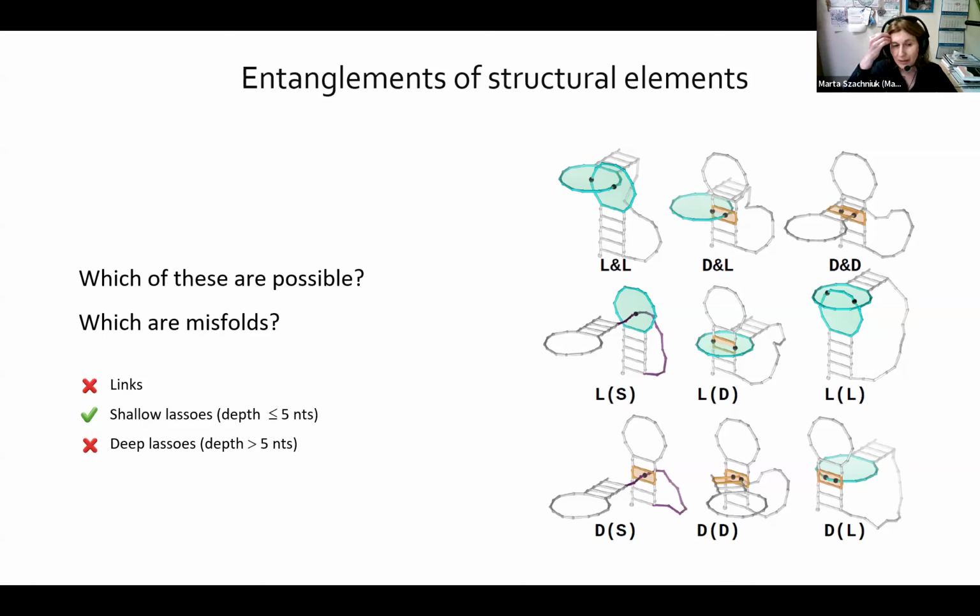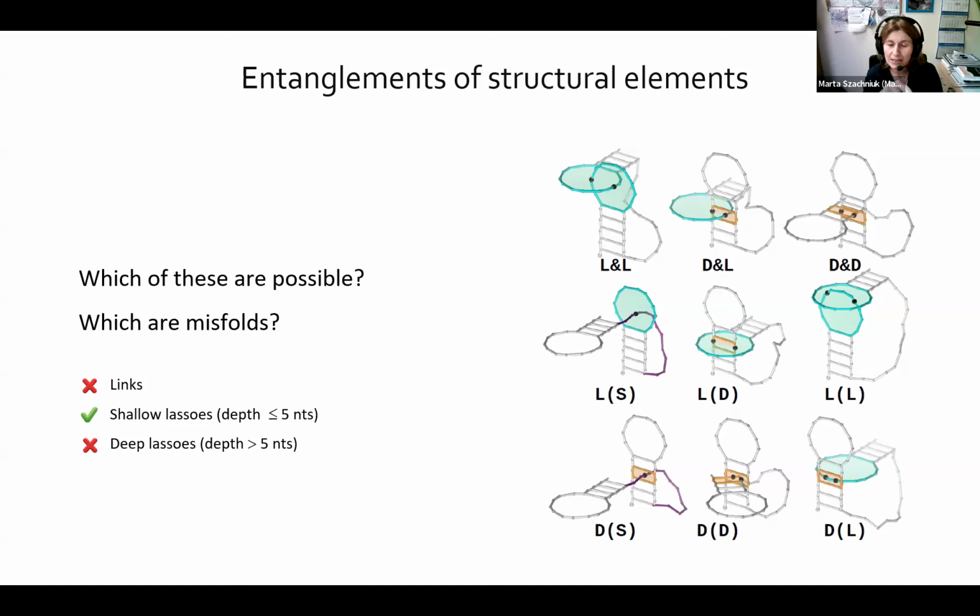What is the depth of a lasso? We decided to compute how many nucleotides go through the lasso, and this number of nucleotides is the depth of a lasso. We say that if this number is less than 5 nucleotides, the depth is small and this is a shallow lasso.